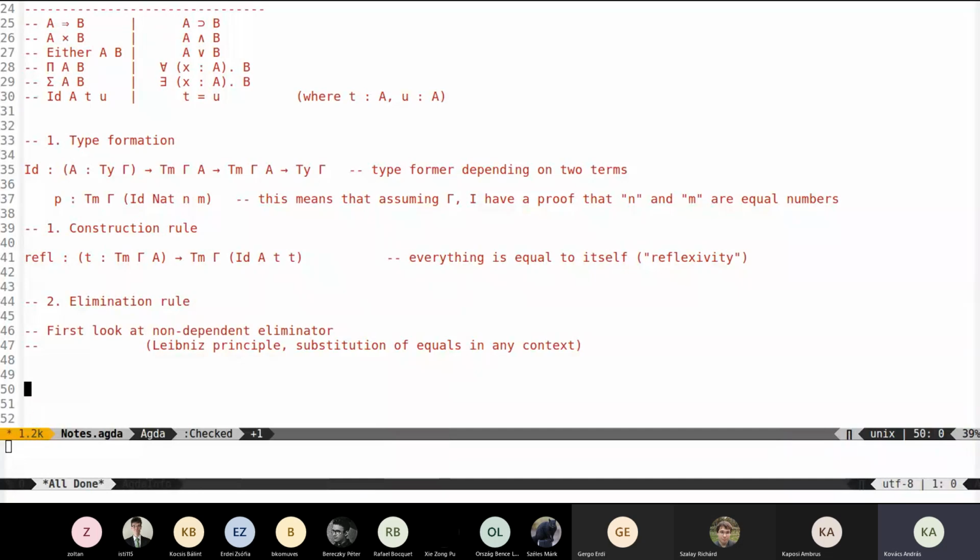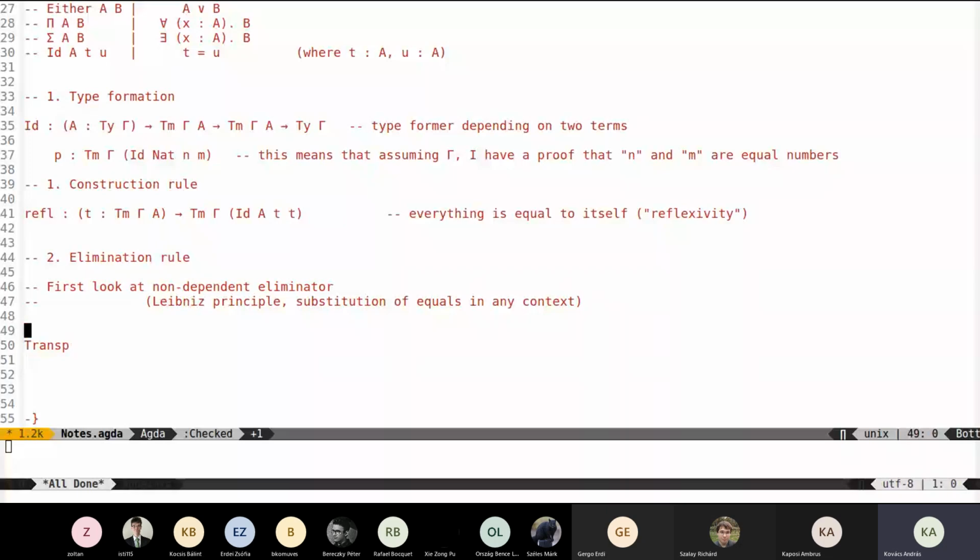Okay, and for some reason, this is usually called transport, but you shouldn't think too much about this name. So this transport comes from homotopy type theory, but it refers essentially to the same principle, that if we have an equality proof, then we can transport any construction from one thing to another thing which is equal.